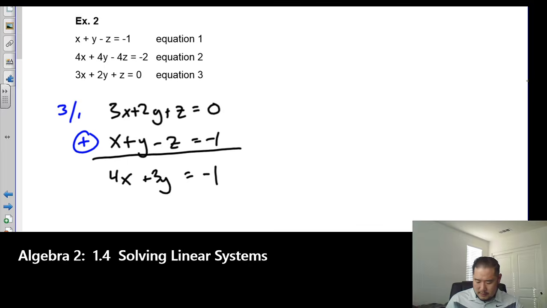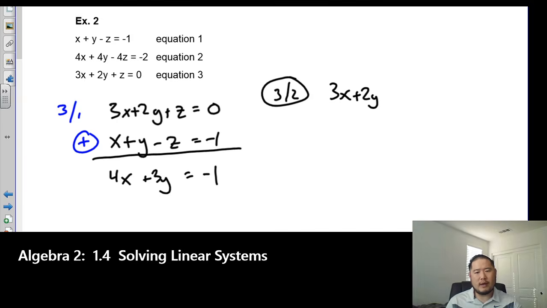So let's set this up, and I'm going to go ahead and put 3 on top and 2 down below. Remember, part of the reason for that is because when I add things up, it's easier to add when the bottom equation happens to be negative. So we have 3x plus 2y plus z is equal to 0. Next up, 4x plus 4y minus 4z is equal to negative 2.